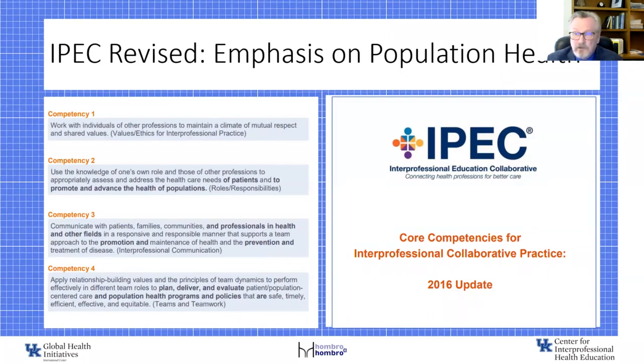This would include social determinants of health. We would talk about prevention and promotion of health, and also policy. We want to make sure that policies are involved in this as we transform the health system and, by proxy, the education system. Next slide, please.